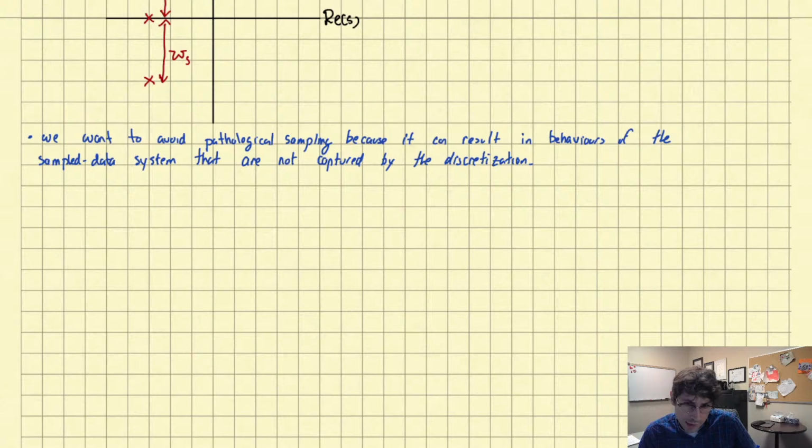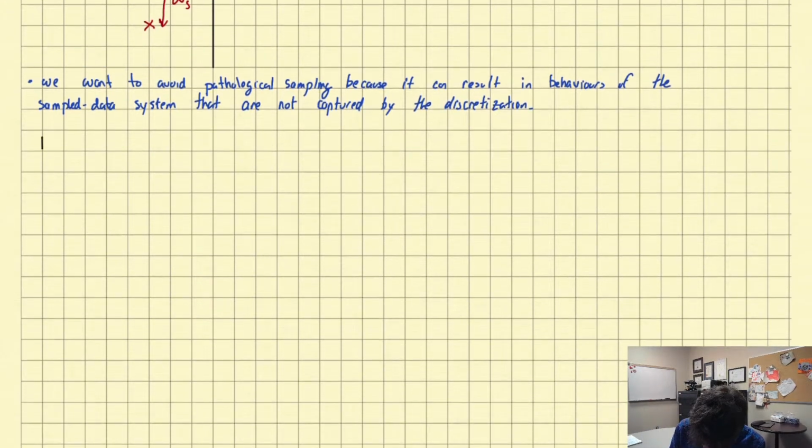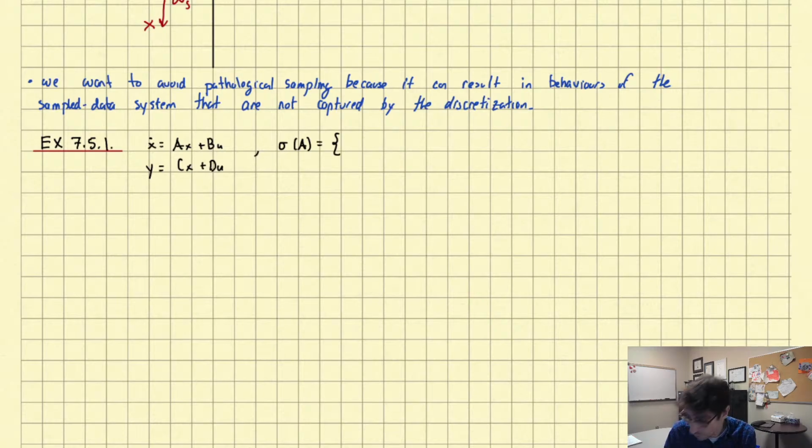And so we'll do an example basically on how you compute these pathological sampling frequencies. So example 7.5.1. So suppose that you have a continuous time system, and the eigenvalues of A are given by 0, 0, plus or minus j, and 1 plus or minus 2j.